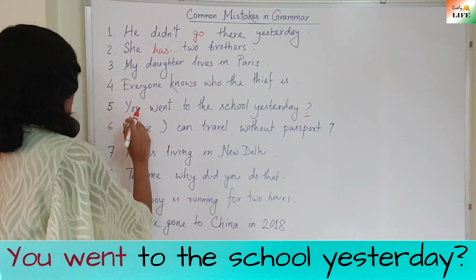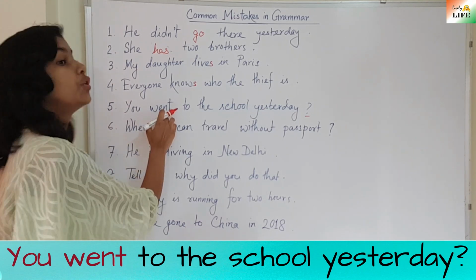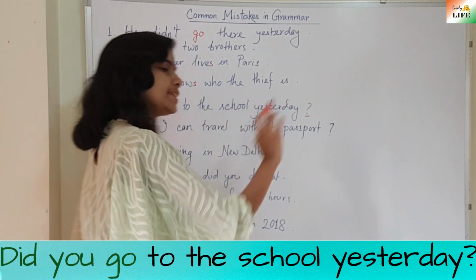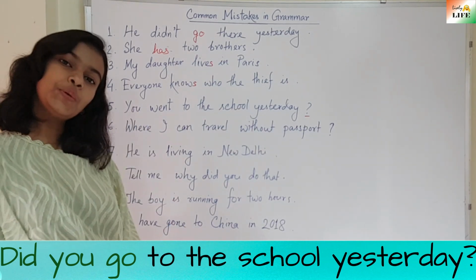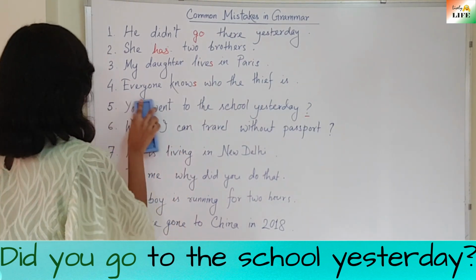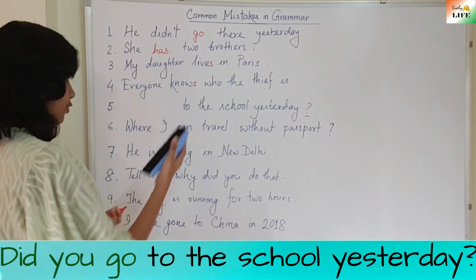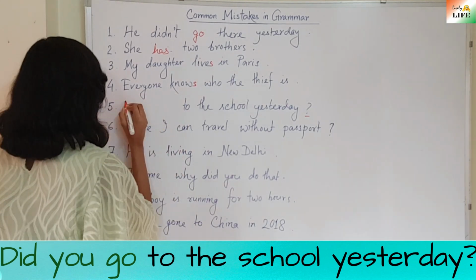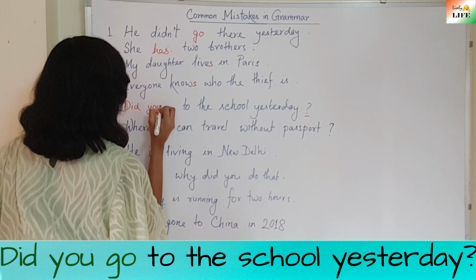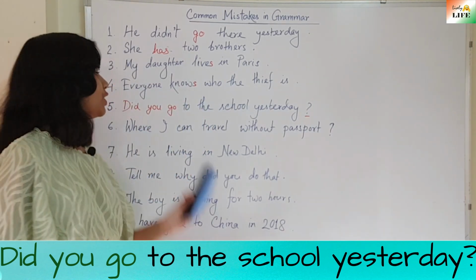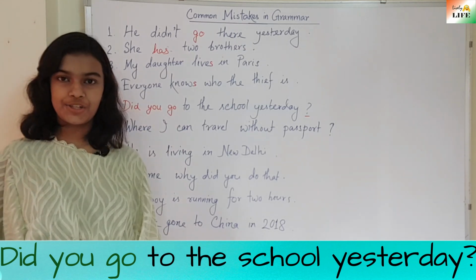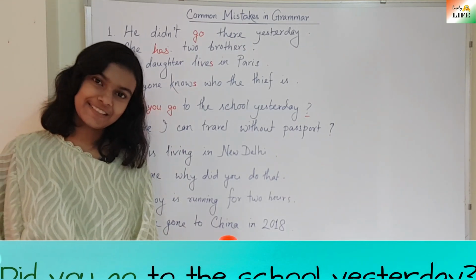So did you go to the school yesterday? This will be same. Did you go to the school yesterday? So you went is wrong. Did you go to the school yesterday? So this is the correct structure of an interrogative sentence.